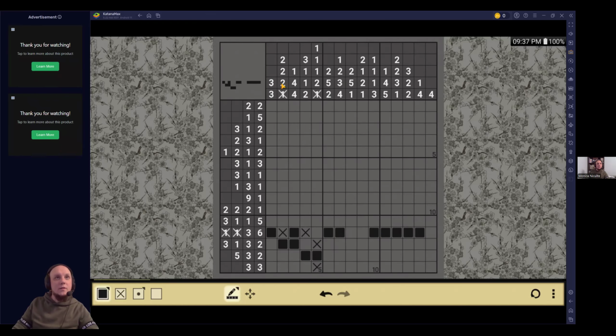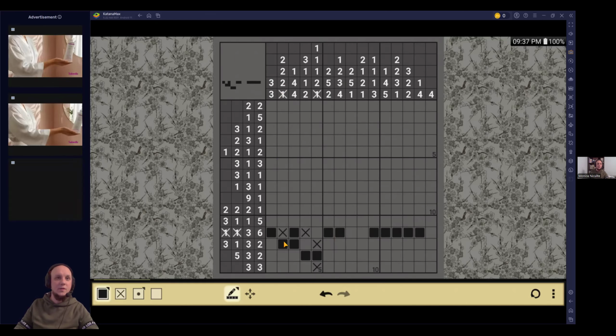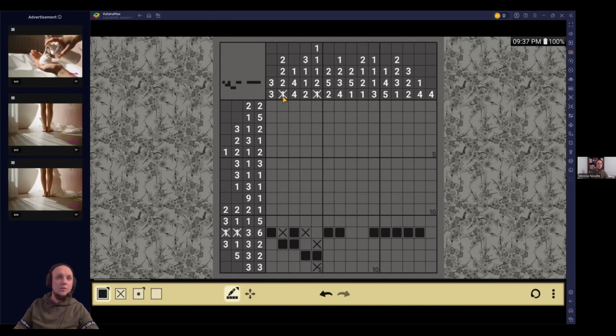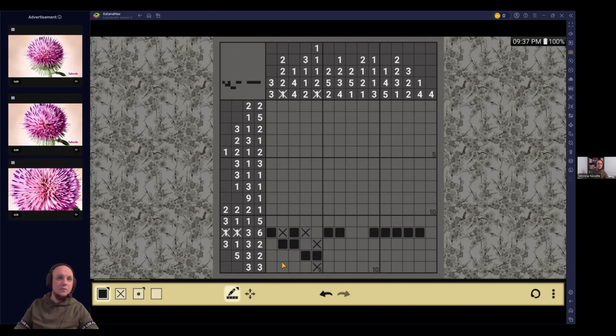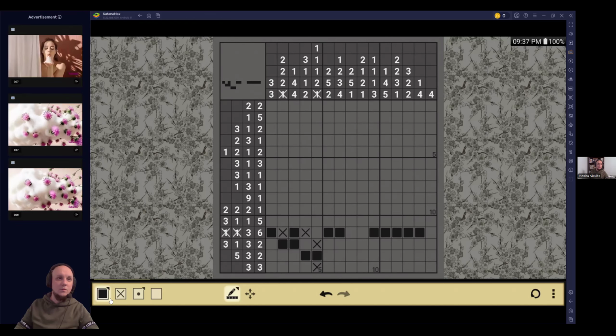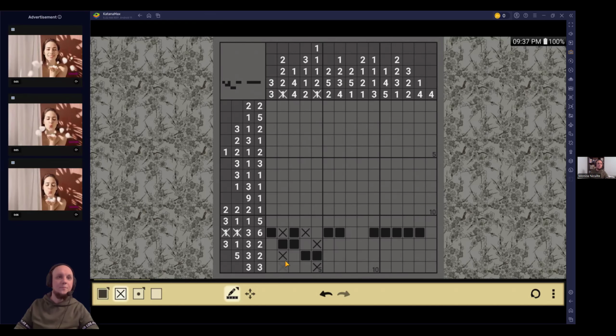Okay, let's go back on this column. You can see the 1 was marked as X automatically because I can't fit the 1 and the 2 here. So this will be the 1.